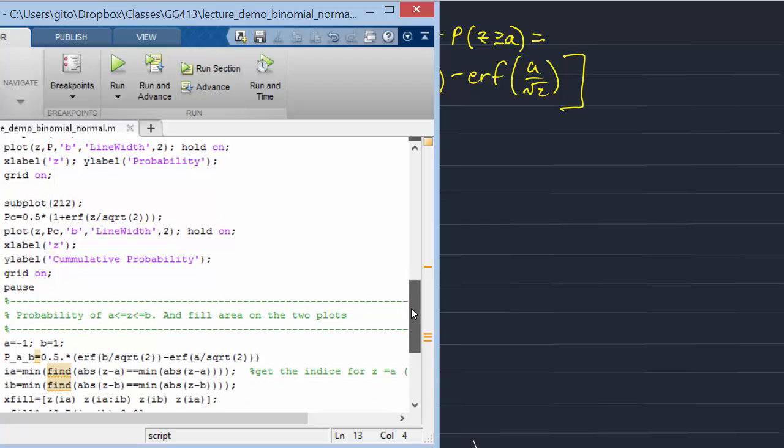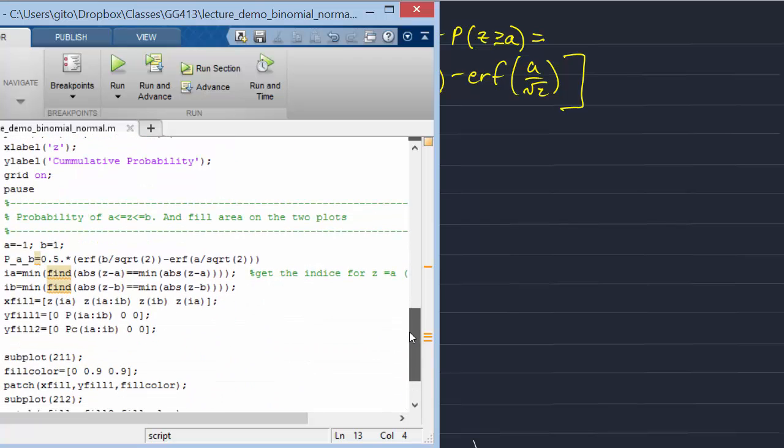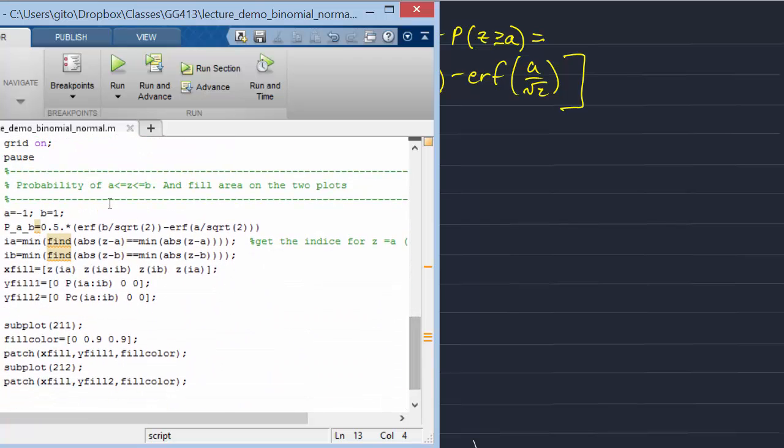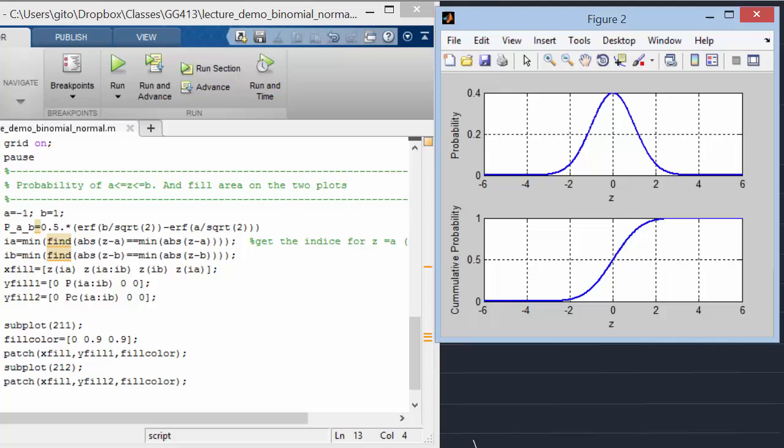The first part was the binomial distribution that we looked at, but the second part looks at the probability of z being between a and b. So if we run that script, what this shows is the PDF as a function of z.